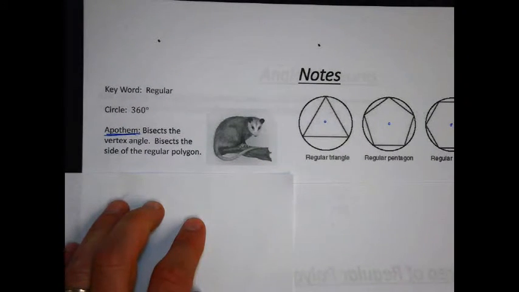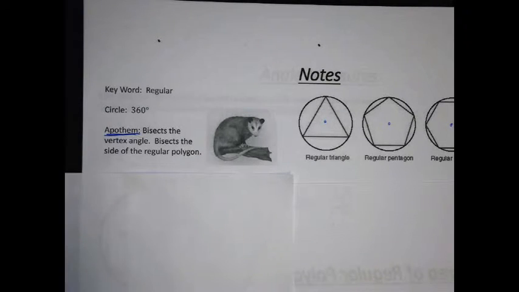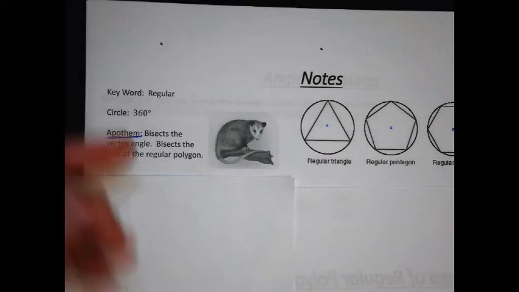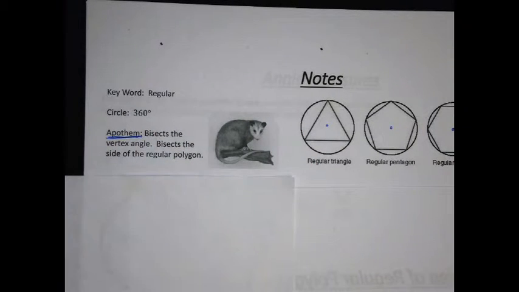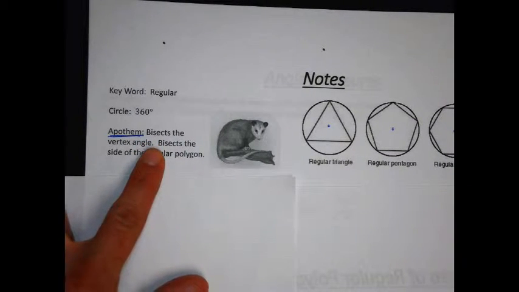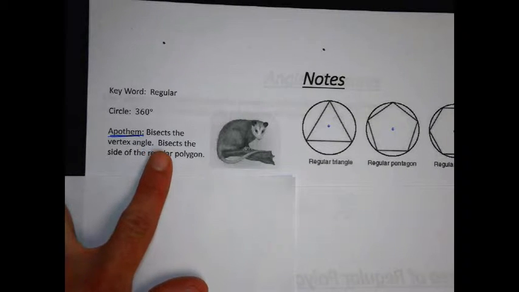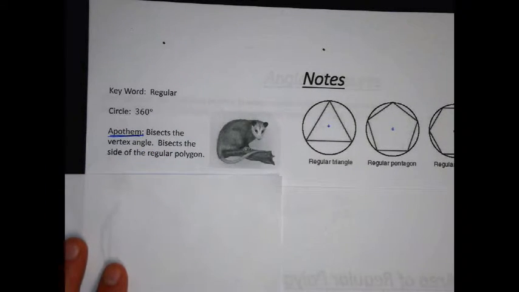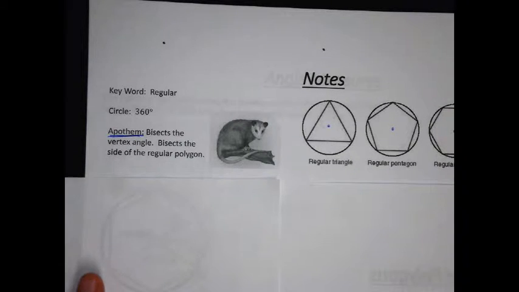Anyhow, we have a new thing called the apothem. It exists in a regular polygon, and it does 2 things. It bisects a vertex angle, and you're thinking, what the heck is a vertex angle? I'll show you in a second. And it bisects the side of the regular polygon. So, cats, what are you talking about?